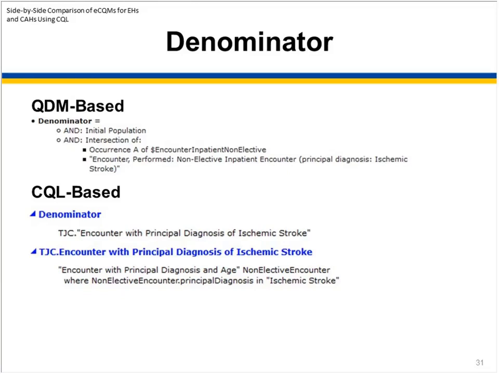We're using encounter with principal diagnosis of ischemic stroke. So that's the same that we use to define the initial population. This encounter with principal diagnosis and age is the same expression we use to define the initial population. So that's how we're getting the specific occurrences. And again, we see this prefix of TJC, meaning this expression is actually defined within a library.